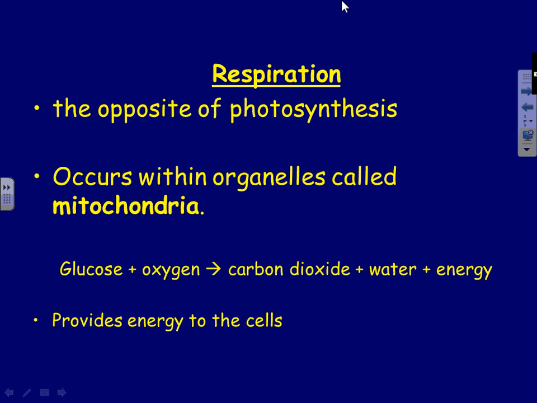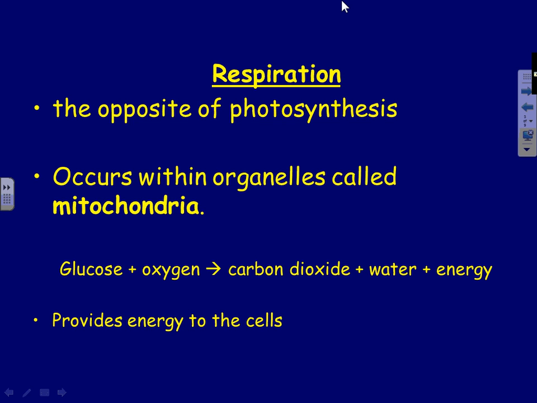So I just want to talk again about respiration. We've talked about this a little bit when we talked about the cells, the plant and animal cells. So even though plants produce their own energy source in glucose using the sun's rays and the carbon dioxide and water, it has to use that glucose in order for the cells to stay alive.